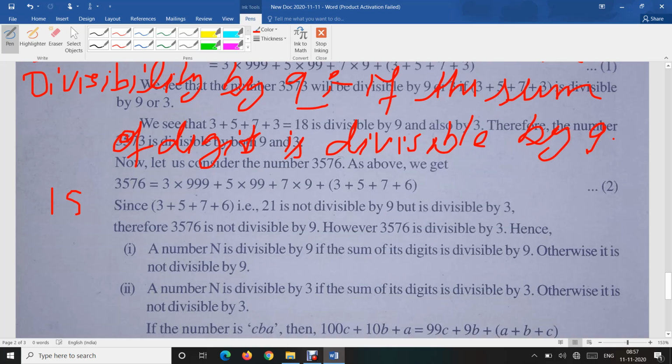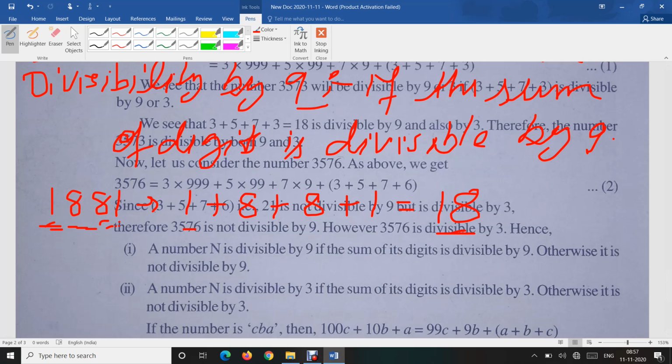Suppose you have a number 1881 and you have to add these digits, that means 1 plus 8 plus 8 plus 1. Then what will be the sum of that? 1 plus 8 is 9, 9 plus 1 is 10, 10 plus 8 is 18. So the sum of the digits of that number is 18 and we know that 18 is divisible by 9 because 9 twos are 18.